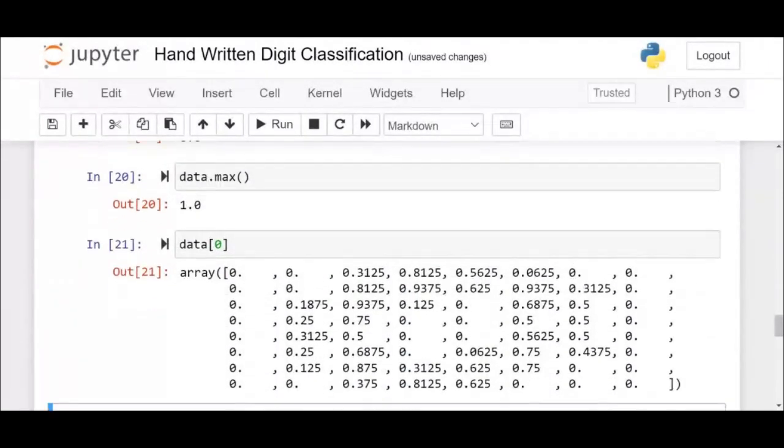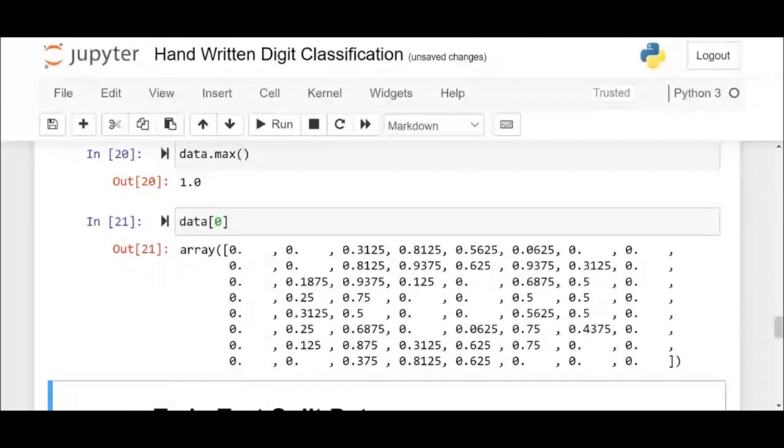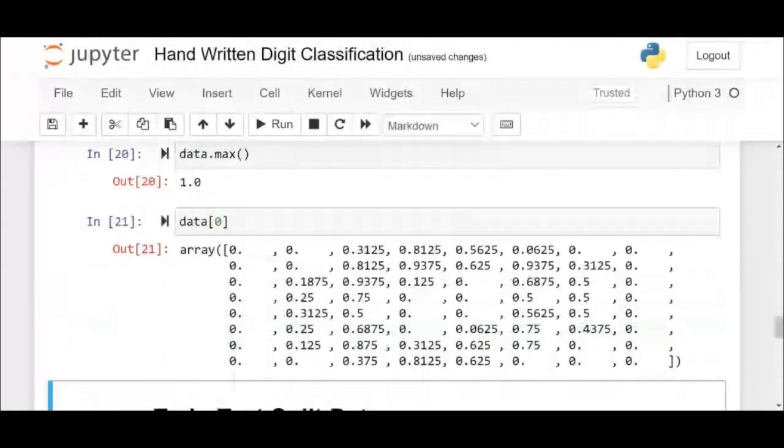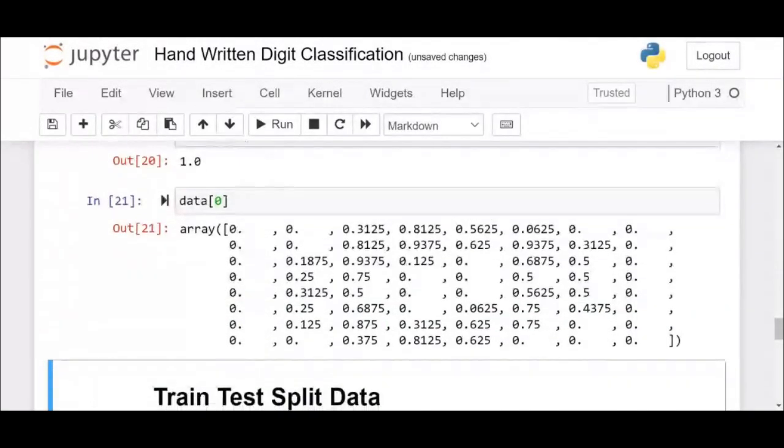See, now the values are standardized, and these are between 0 and 1. So we have standardized our image also, right?